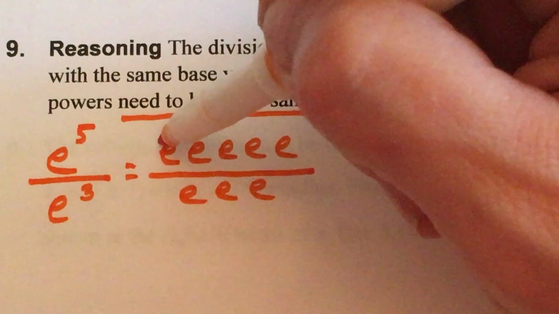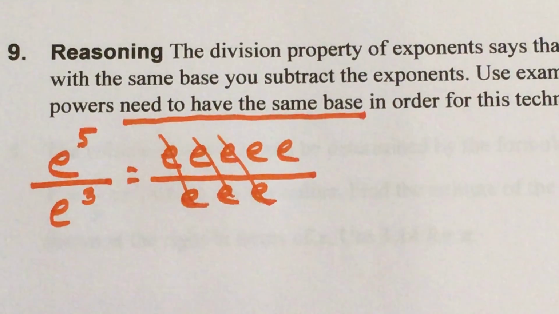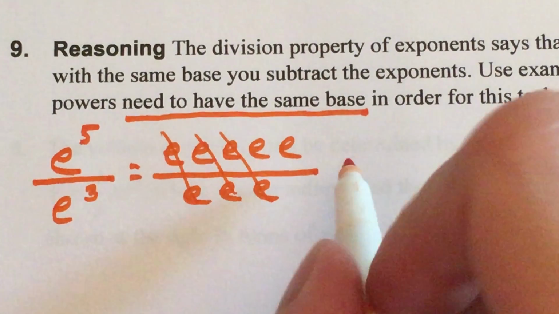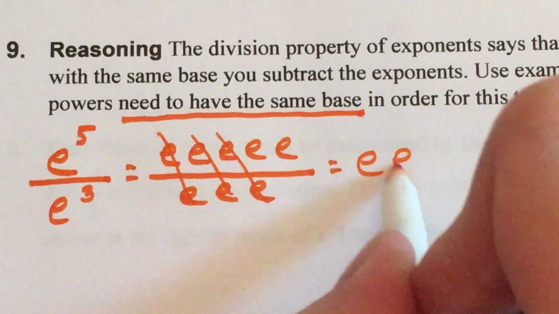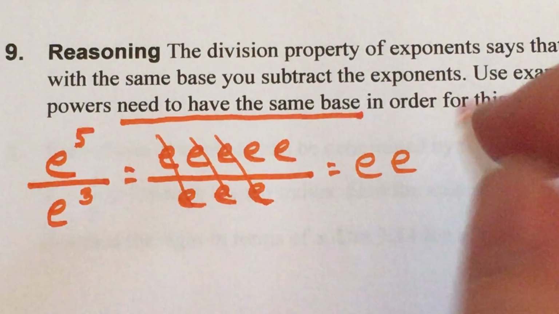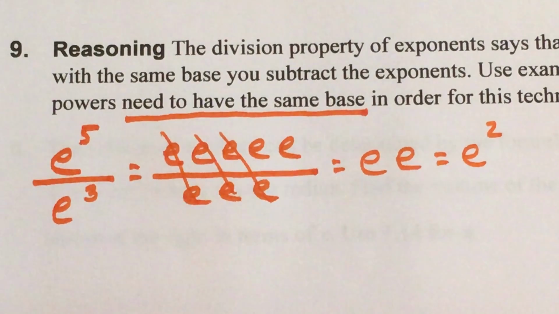And we can cancel out 3 of them from the numerator and the denominator, leaving you with e e, which becomes e squared.